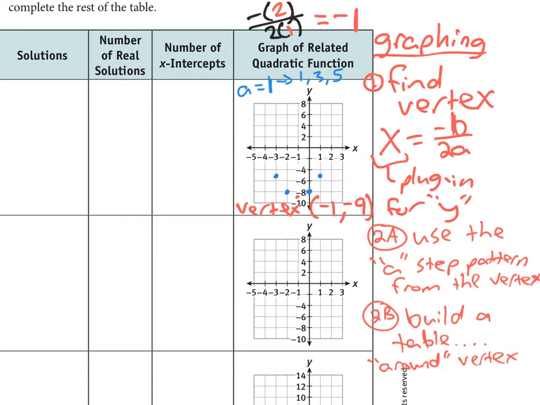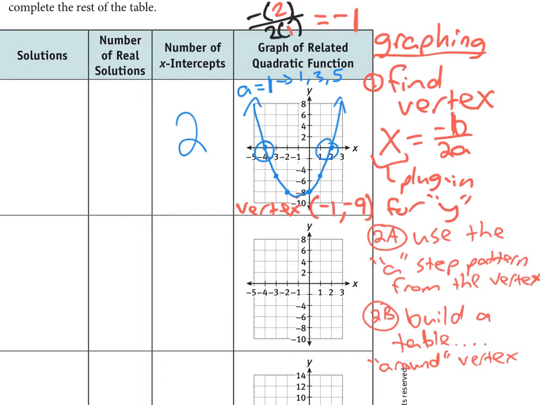If I go 5, where do I land? On the x-axis, getting my roots just from graphing here. So again, I'll have those symmetry points. Go ahead and make the parabola like so. And we see how many x-intercepts. There's 2 x-intercepts.